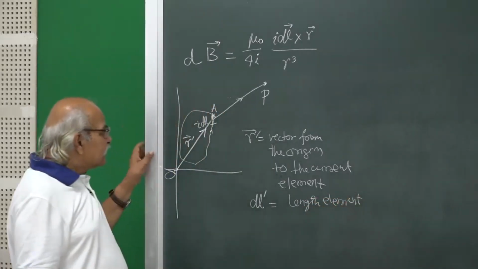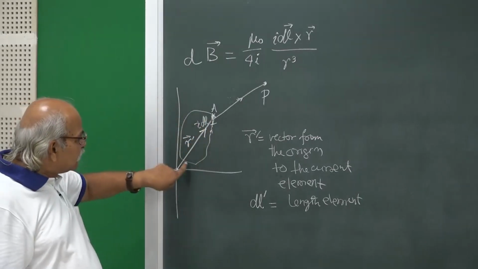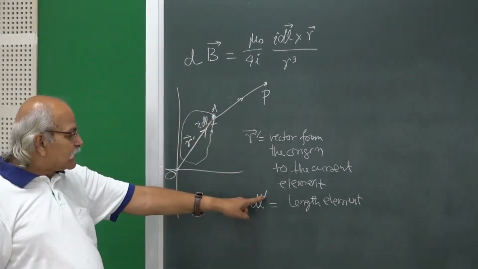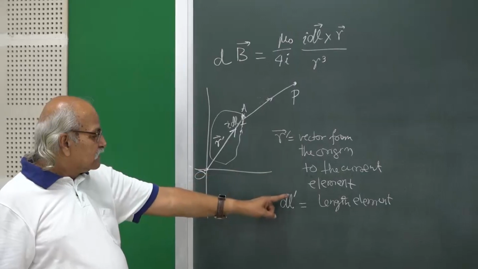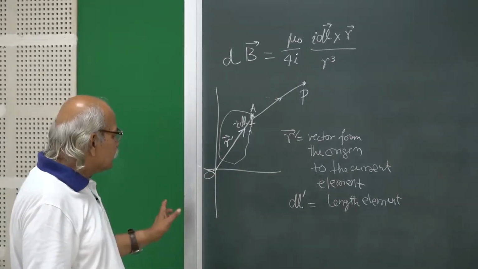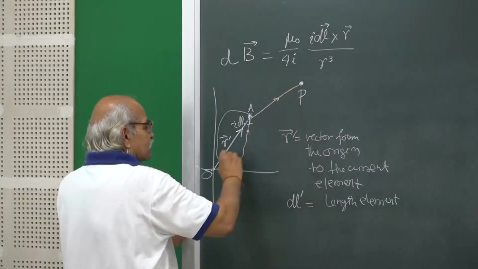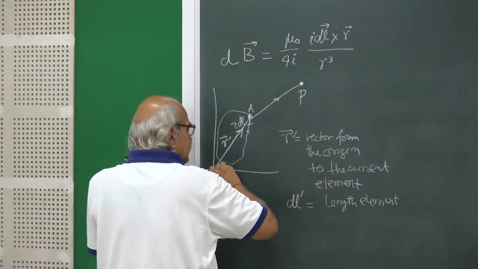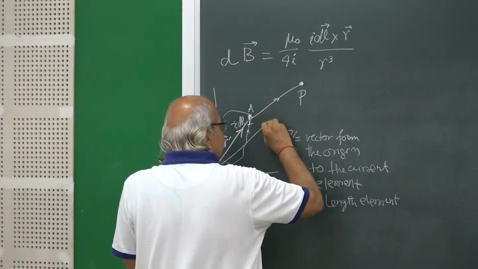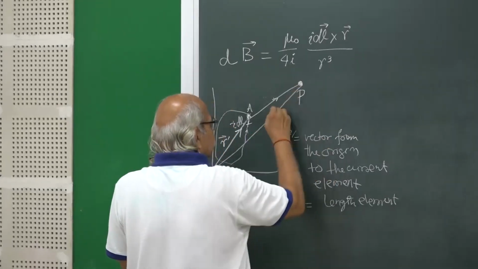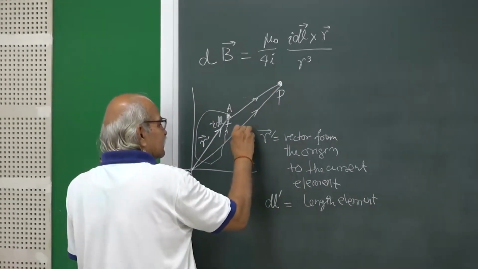So, anything related to the current distribution, we are using this prime here, r prime, dl prime, and so on. And then the point where I need the magnetic field, that is denoted by vector r. This is denoted by vector r.